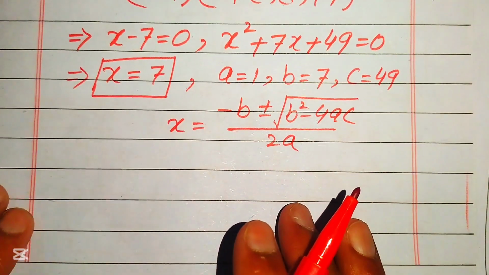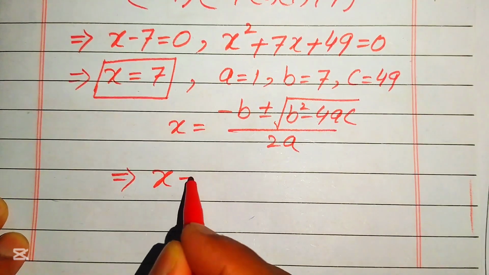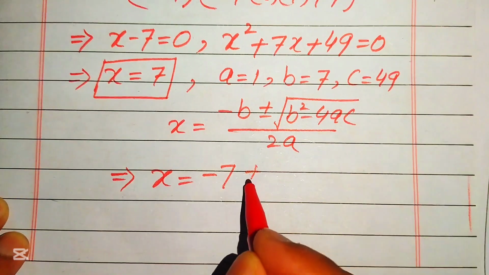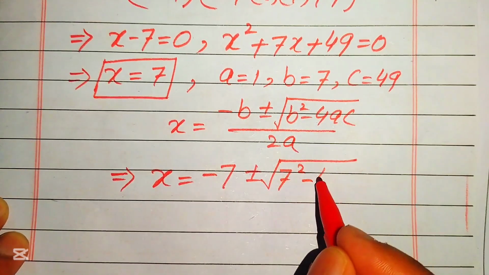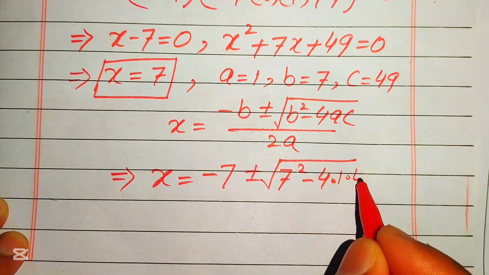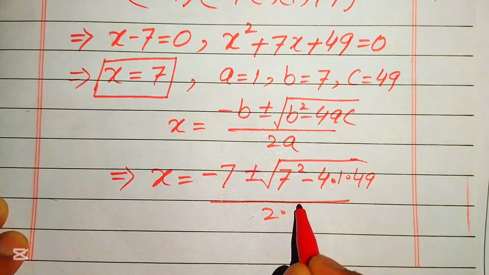Now we substitute the values of a, b and c, and it is written as x equals minus 7 plus minus square root of 7 squared minus 4 times 1 times 49, divided by 2 times a.